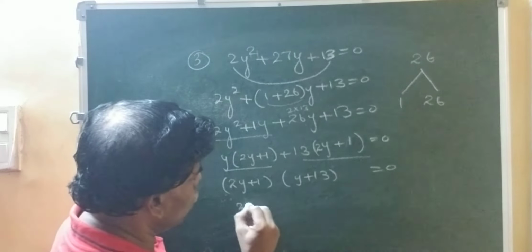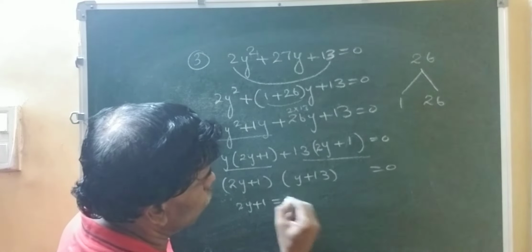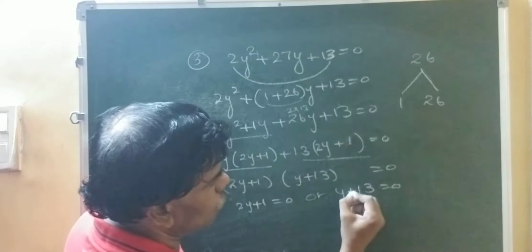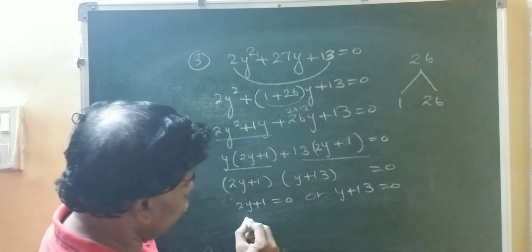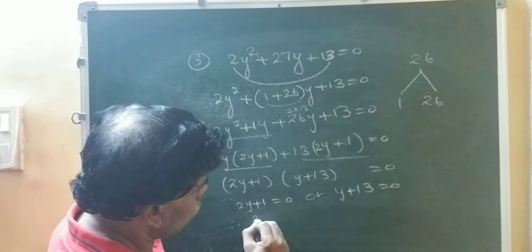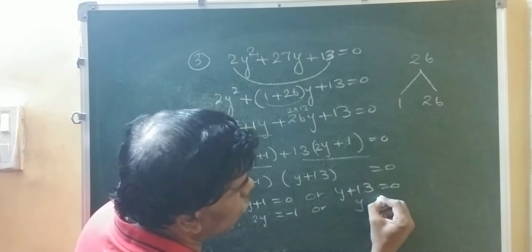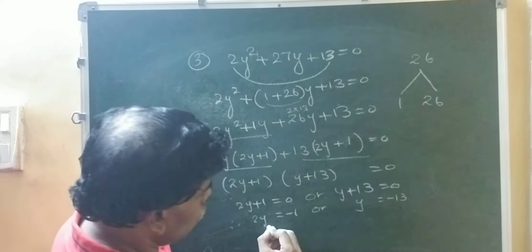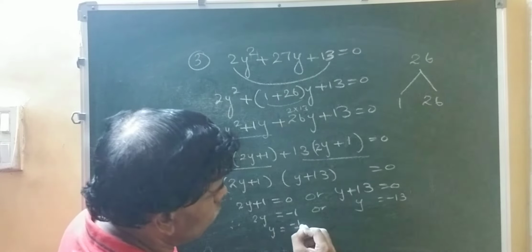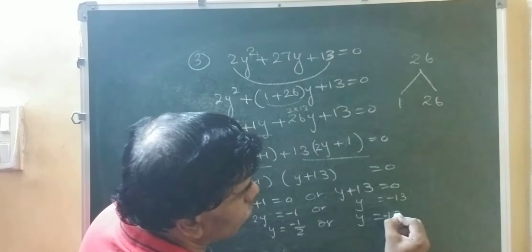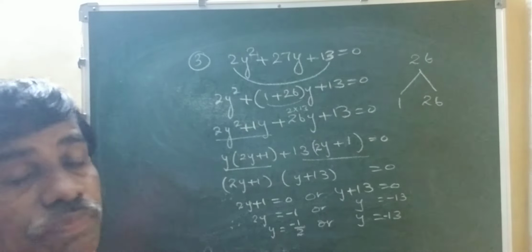So either 2y plus 1 equal to 0 or y plus 13 is equal to 0. Therefore, 2y is equal to minus 1 or y equal to minus 13. So y equal to minus 1 upon 2 or y equal to minus 13.